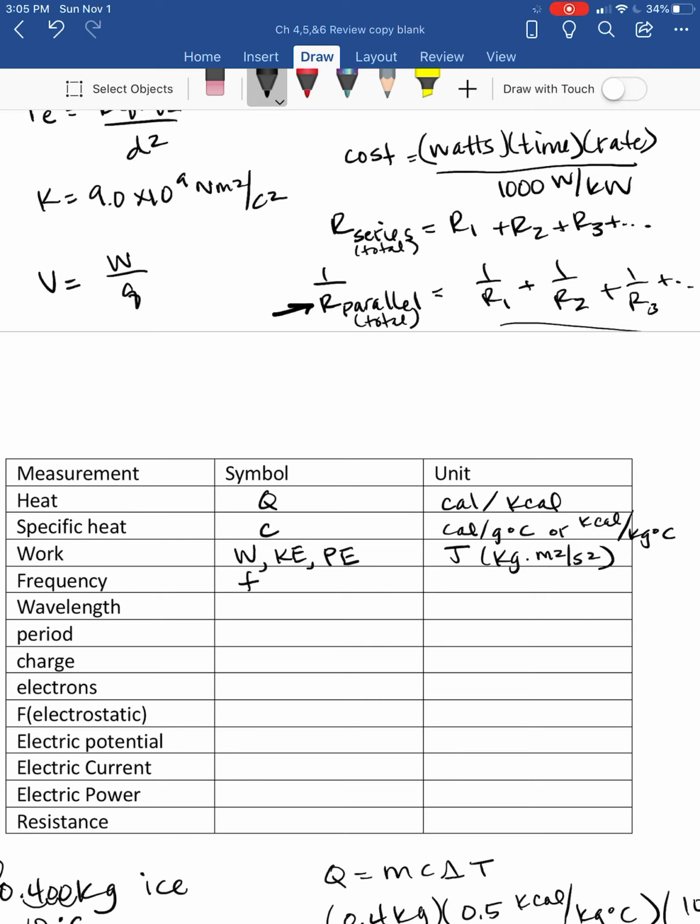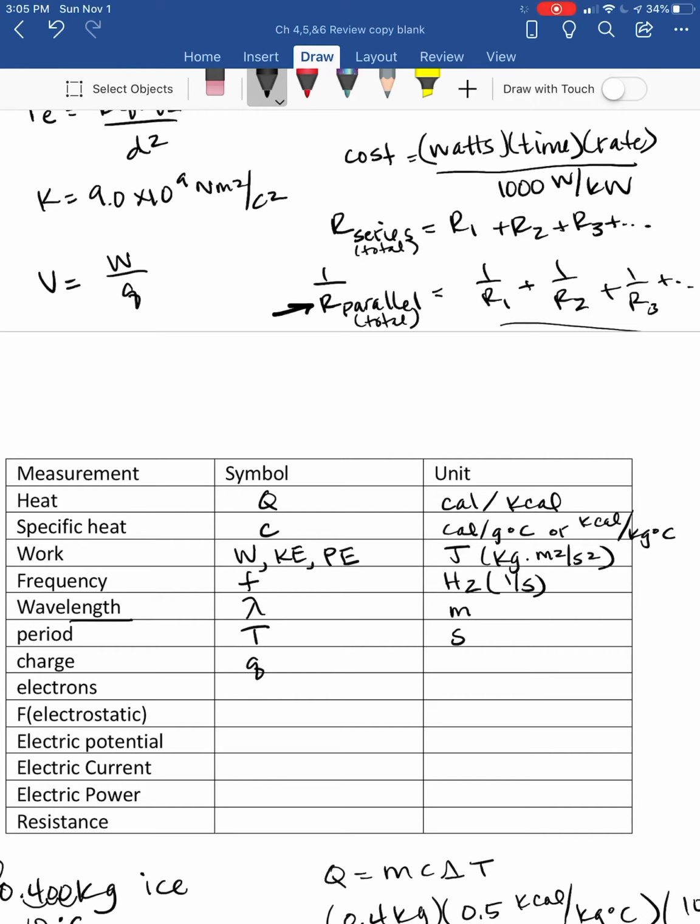Frequency has the symbol lowercase f. It's measured in hertz. A hertz is a 1 over second. Wavelength has this funny looking hat symbol, and it is a length, so it's measured in meters. Period has an uppercase T symbol, and it is measured in seconds.